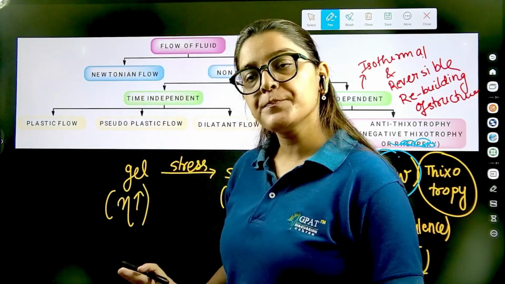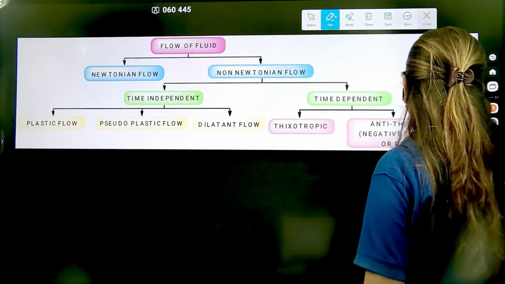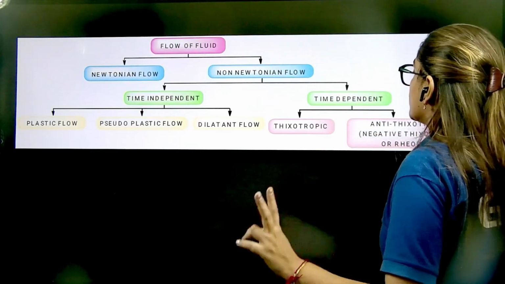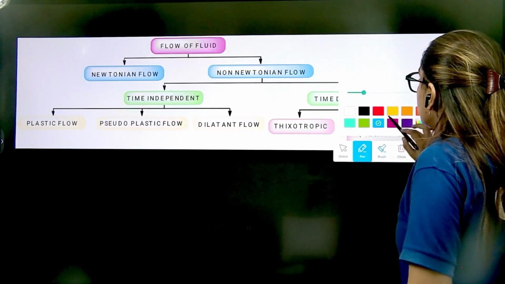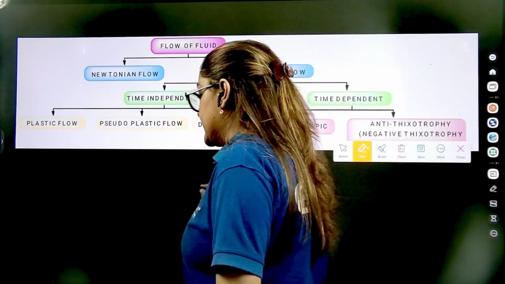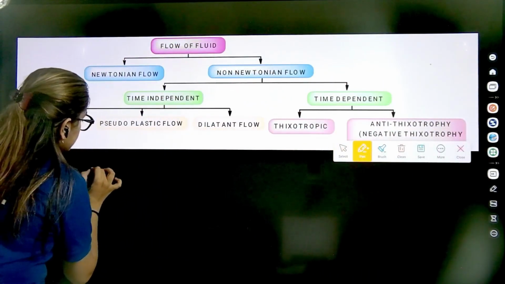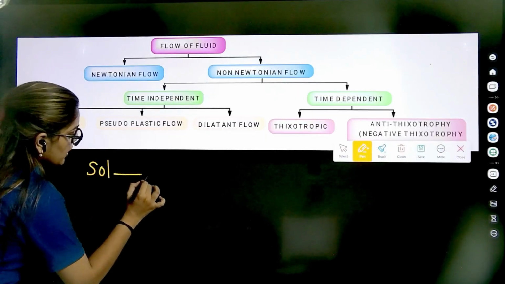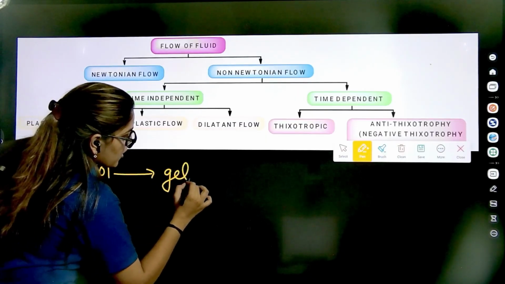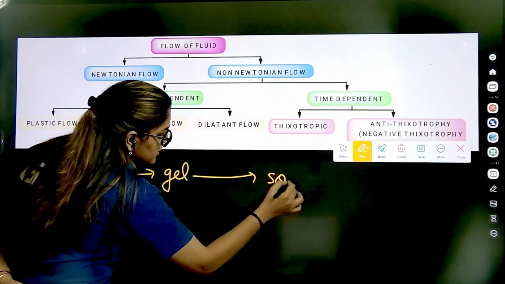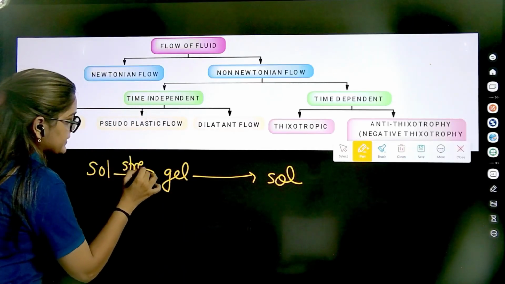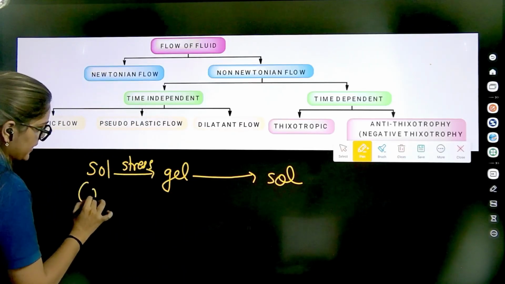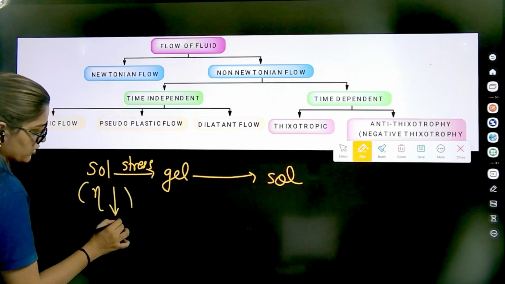Okay, clear? Similarly, we have two more systems. We have negative thixotropy and negative rheopexy. Now let's take an example of sol to gel to sol conversion. Similar to the previous one, firstly you apply stress to the sol state which has low viscosity.